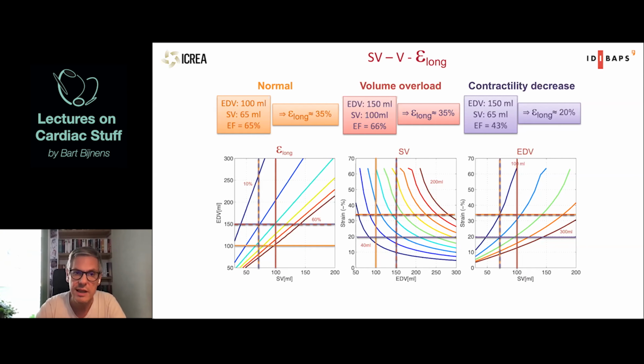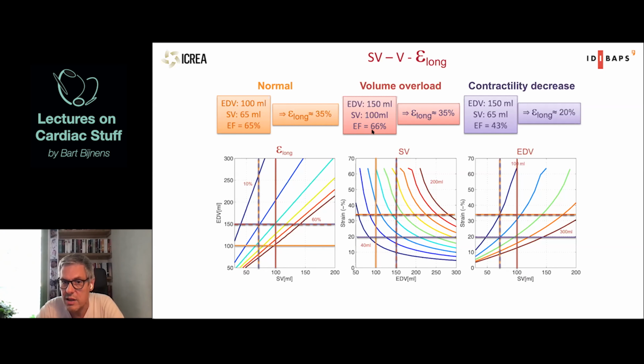So that's where you can see, for example, say that you would have a normal heart. The normal heart has a certain size. It has a certain stroke volume. The ejection fraction is also related to this, of course, and that's because of this longitudinal strain. If you now have a volume overload, what happens is, of course, the strain remains the same. So there's no reason why you would increase the strain.